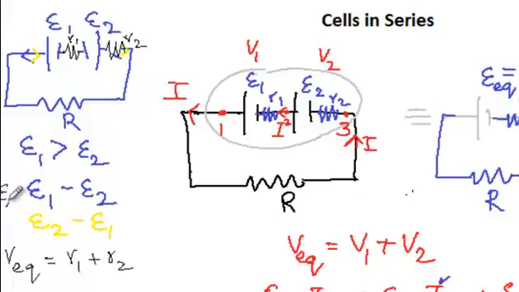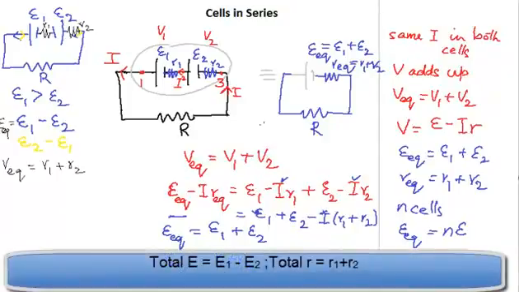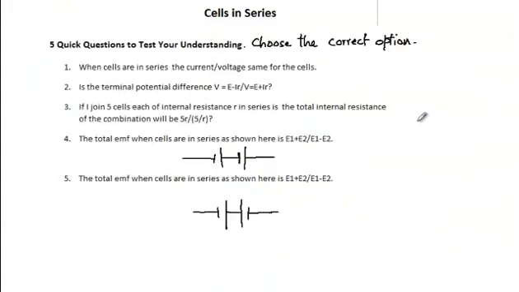And this was the equivalent EMF. So we can just summarize the equivalent EMF when the cells are connected in this manner, which means the negative terminals are connected together, is equal to E1 minus E2, and the equivalent resistance is still R1 plus R2. They don't get subtracted.